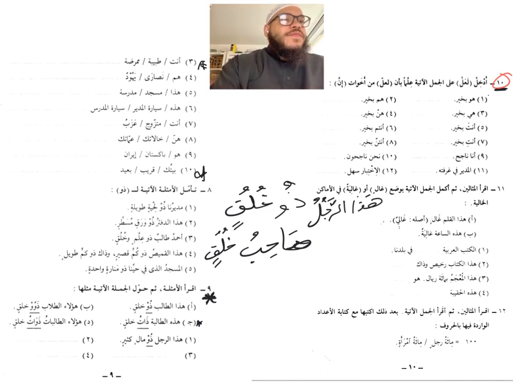Okay. Then we have here exercise number 11, اقرأ المثالين ثم أكمل الجمل الآتية بوضع غال أو غالية في الأماكن الخالية. So it mentions here, هذا القلم غال, أصله غالي. So you have nouns like this. There's not many, there's a few of them, that the asl is ghaliyun. And so, because this is somewhat long, they say ghalin instead.